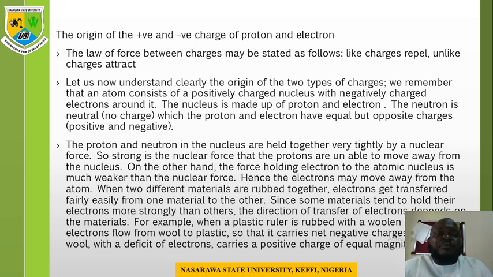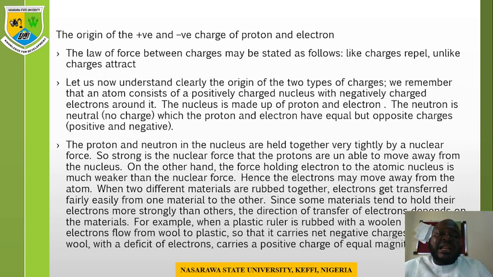Now, the origins of positive and negative charge: proton and electron. The law of force between charges may be stated as follows. Like charges, just like what I've said earlier, repel; unlike charges attract. Let us now understand clearly the origin of the two types of charges.